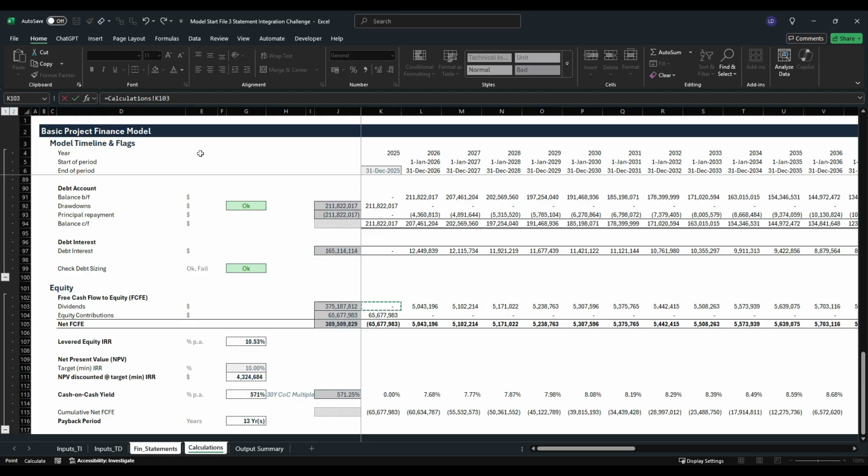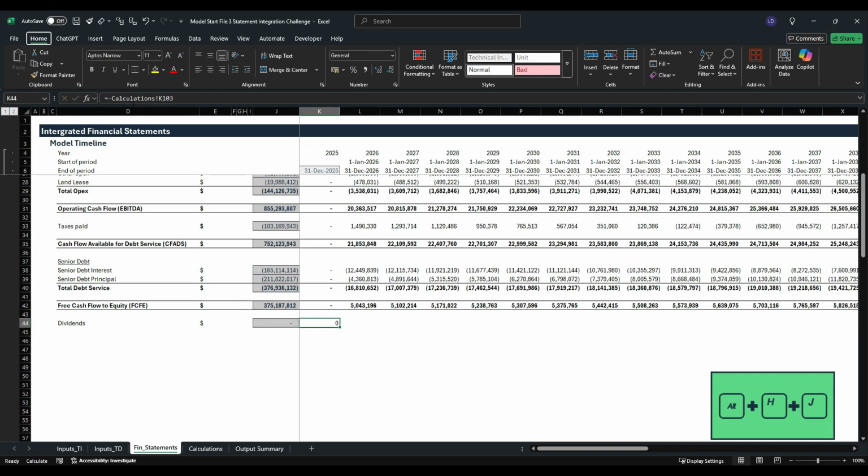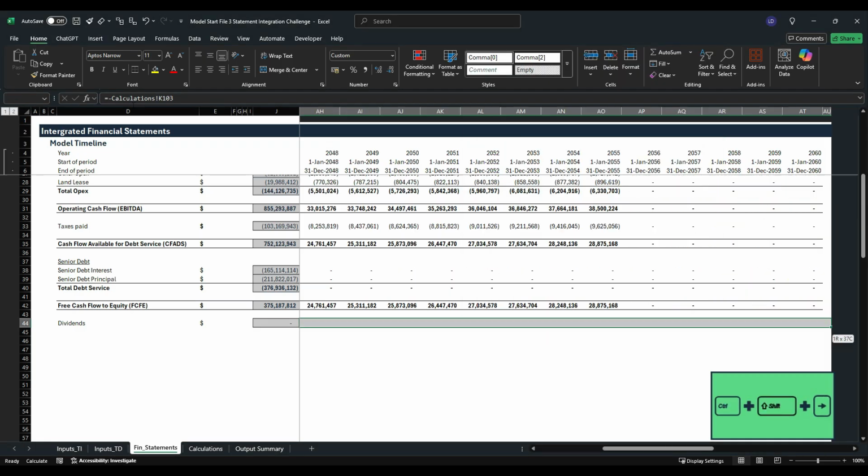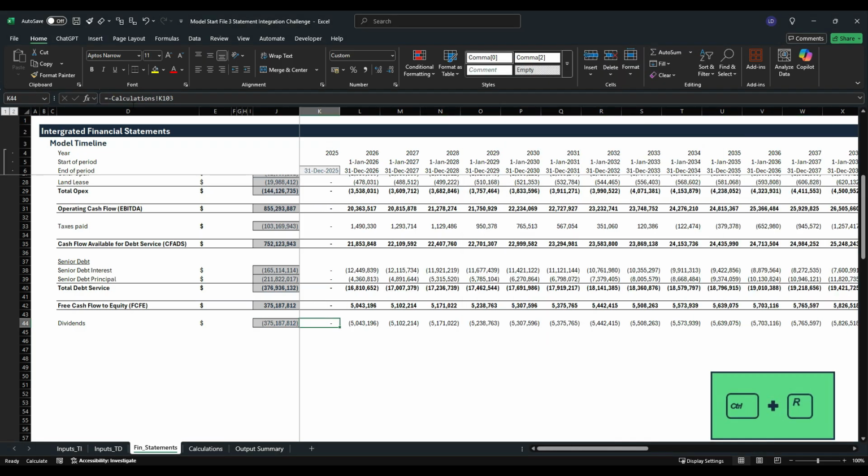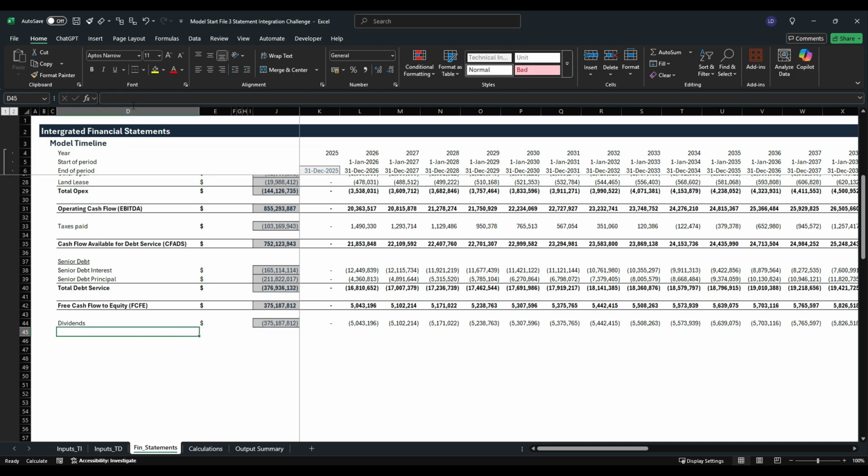They're right here in K103, flip the sign, minus Alt HJ, comma 0, drag it over, Control R. And that will leave us with net cash flow after dividends in dollars.